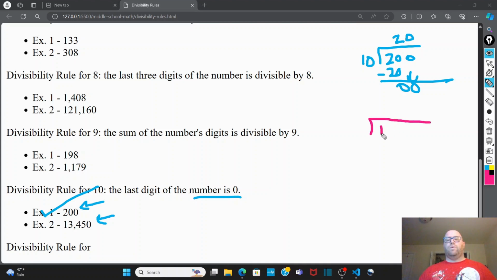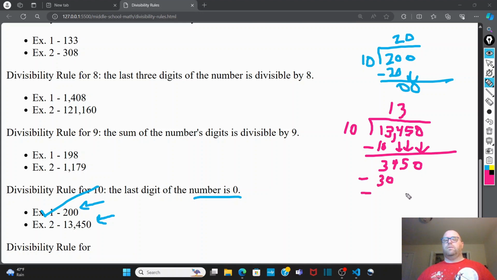Okay. Let's try this next one. So we've got 13,450. Divide that by 10. 10 doesn't go into 1, but it goes into 13 once. So 13 minus 10 is 3. Bring down the 4. Bring down the 5. And bring down the 0. 10 goes into 34 3 times. 3 times 10 is 30. 34 minus 30 is 4.